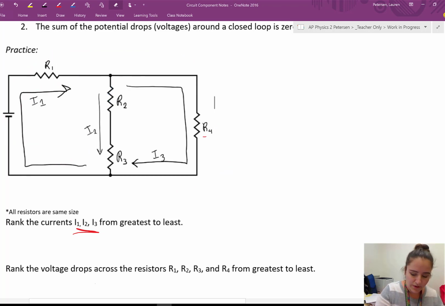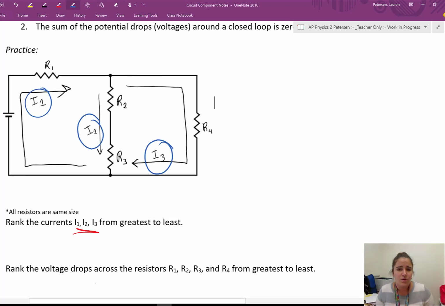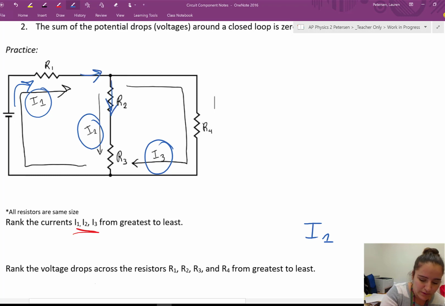If we're going to solve for some of these currents, I1, I2, and I3, well, first, we know that most of the current is going to come out of the battery. So I1 is going to be the greatest current. Then that current is going to get split between I2 and I3.